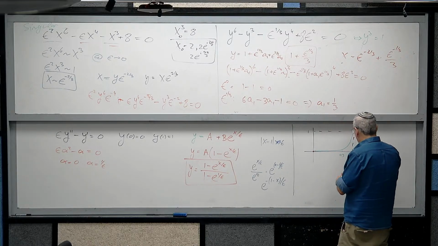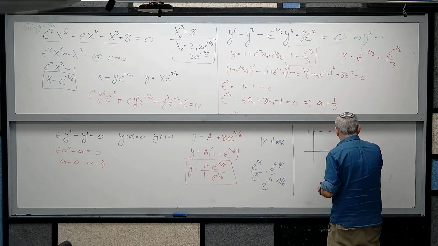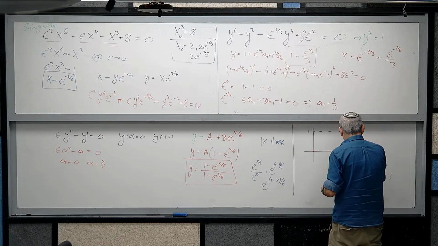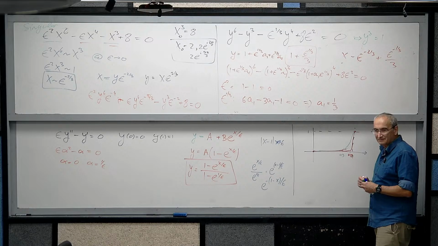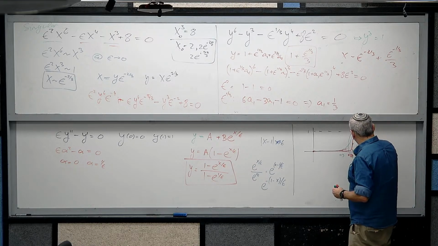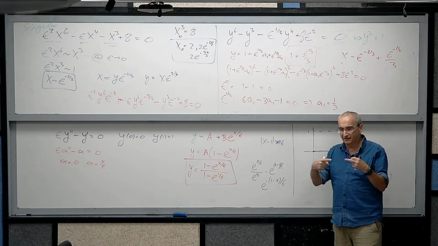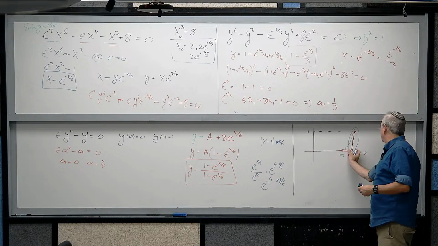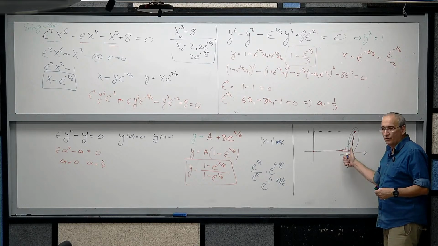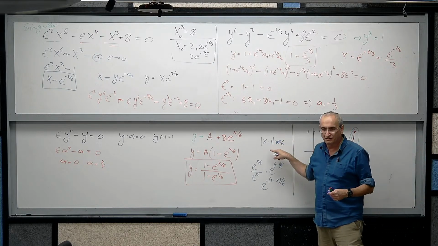It will go here like that, and only at 0.99 it will shoot up. So you see what's happened, right? As epsilon goes to 0, we have an infinitely narrow region where the function changes its behavior with respect to the solution where epsilon is 0.